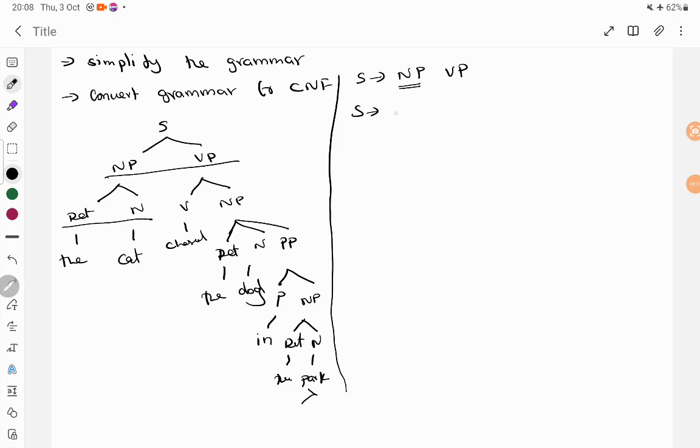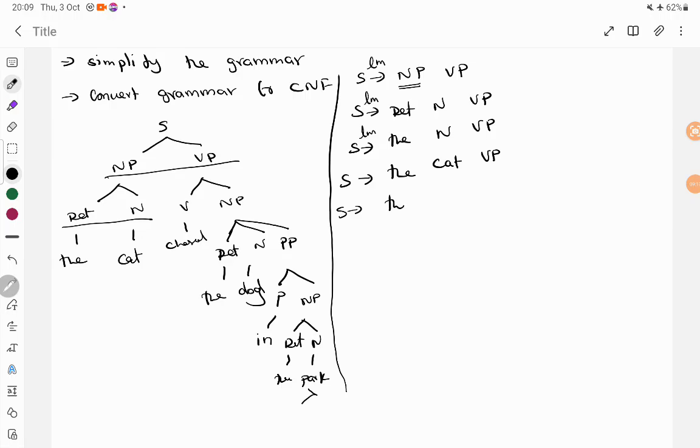NP can be replaced with DET N followed by VP. So S tends to, and we have three variables here. I take the leftmost variable first. In all the places use this LM over here. DET is replaced with the, and N we replace with cat, and you have VP.